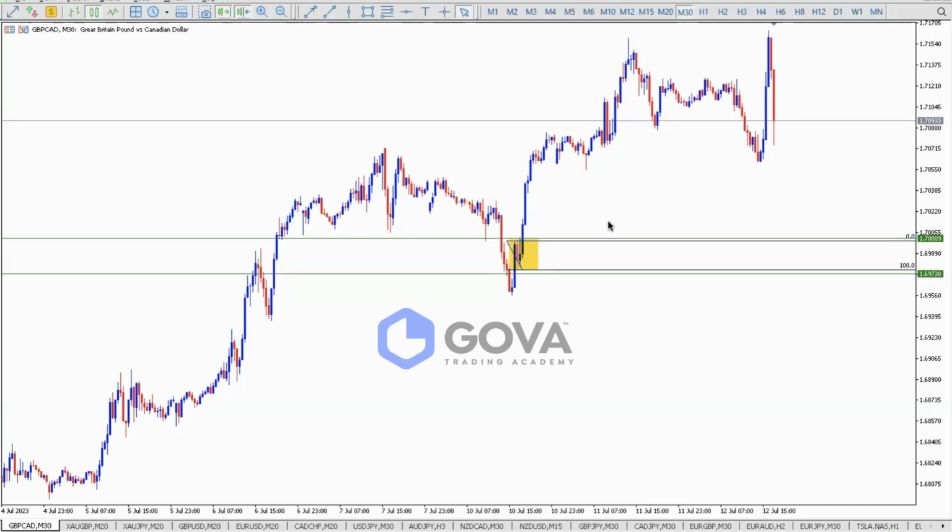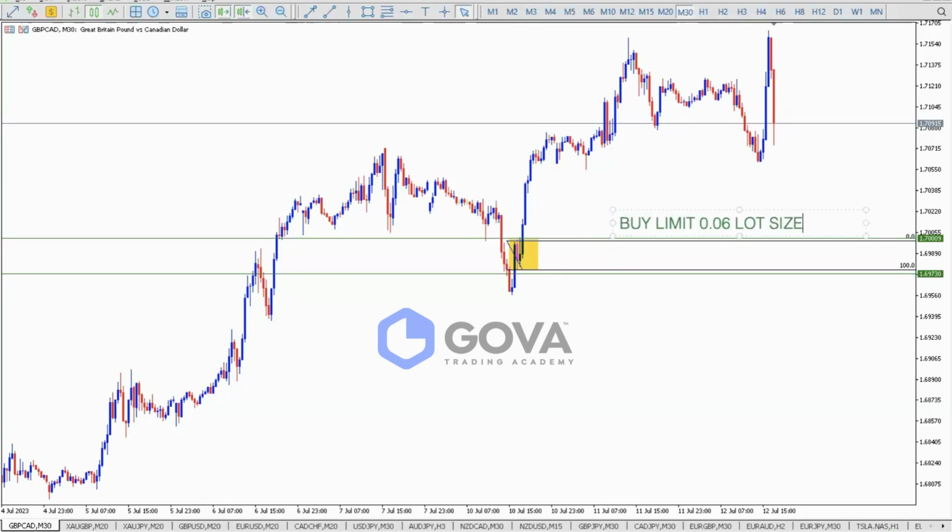Remember, this is a pending order. So we are going to put in a buy limit order of 0.06 lot size. Do you understand? So that is it, guys.